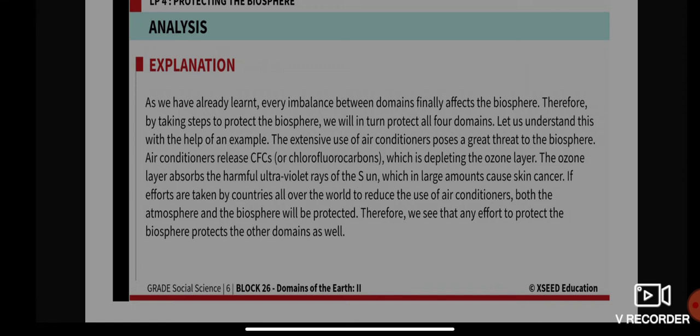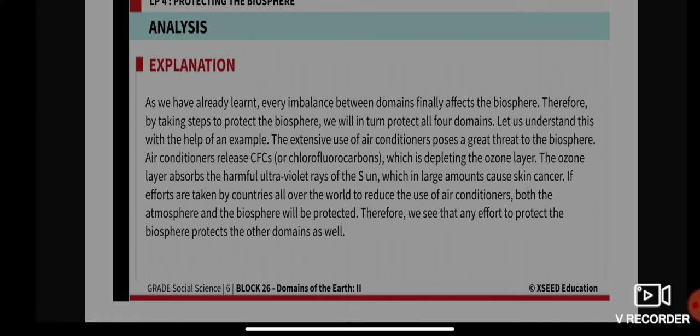Let us understand this with the help of an example. The extensive use of air conditioners poses a great threat to the biosphere. Air conditioners release CFCs, that is chlorofluorocarbons, which deplete the ozone layer. The ozone layer absorbs the harmful ultraviolet rays of the sun, which in large amounts cause skin cancer.